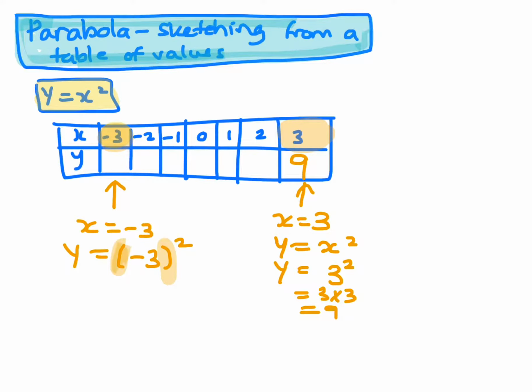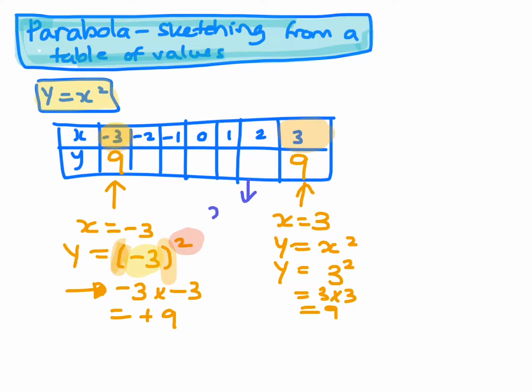That's quite important. -3 is on the inside, but what's even more important is what's on the outside, the square. You need to put it on the outside of the bracket so your calculator will be able to do it. It means -3 times -3, which is +9, and it's no surprise it is exactly the same as the other side.